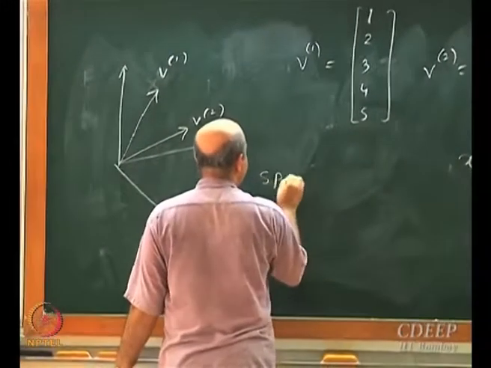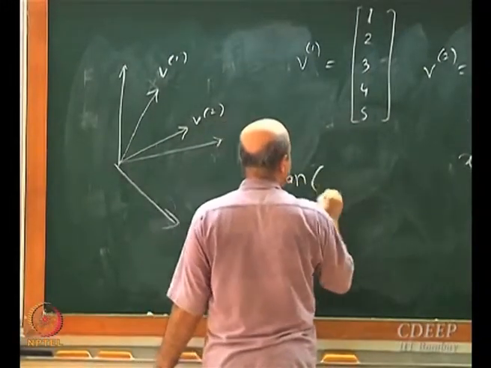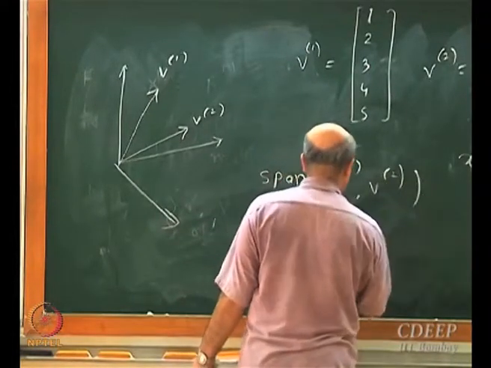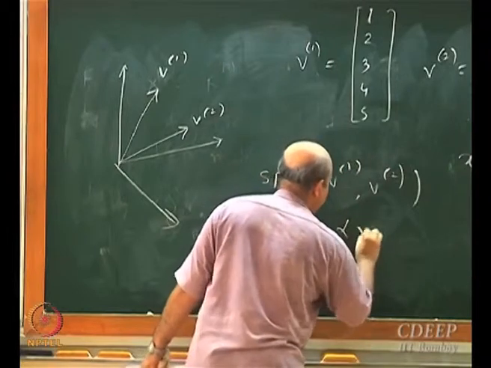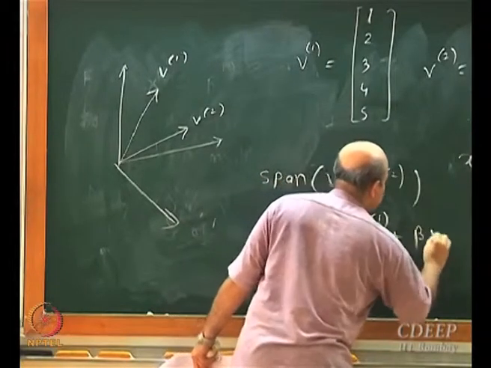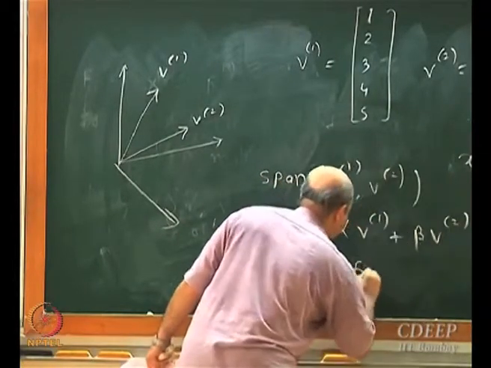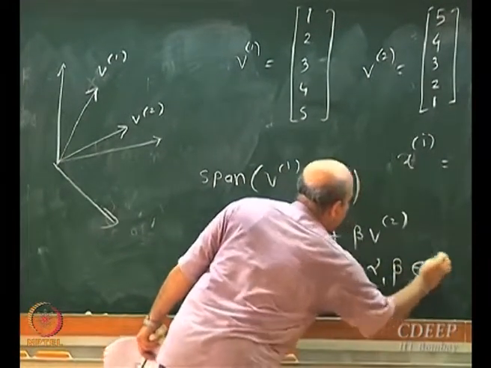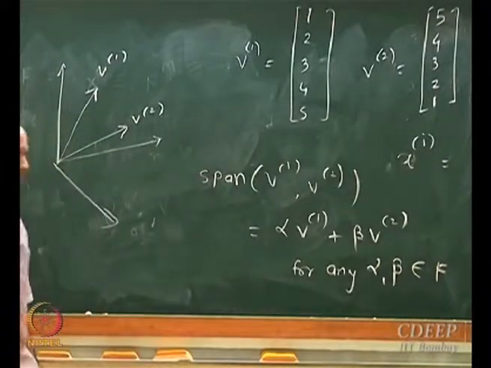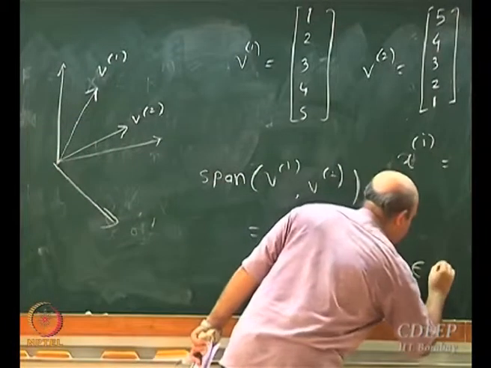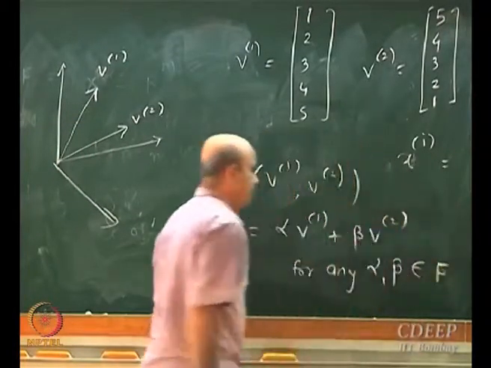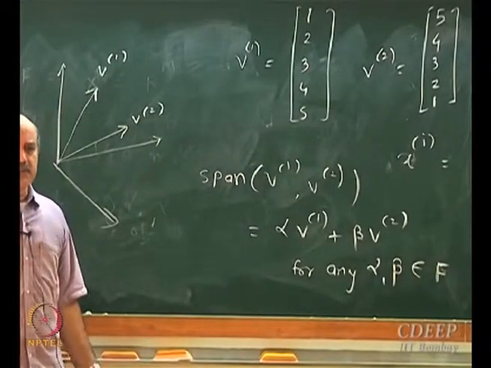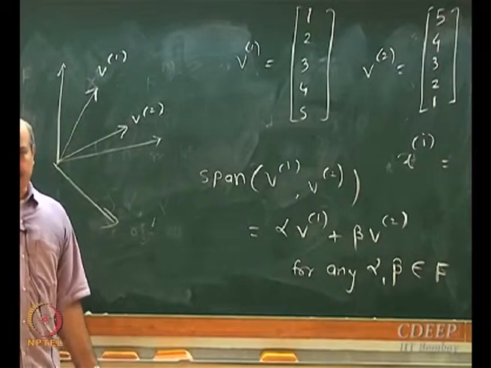The span of v1, v2 corresponds to alpha v1 plus beta v2 for any alpha, beta that belong to the field F. Field F here is real numbers. What is this set? It's a plane passing through the origin.